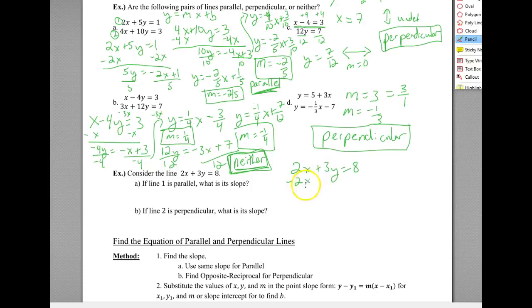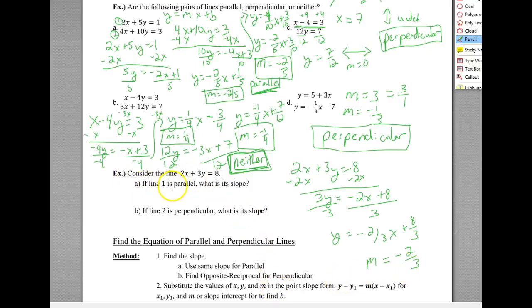I subtract 2x from both sides. I get 3y equals a negative 2x plus 8. Divide by 3. And y equals a negative 2/3 x plus 8/3. The slope here is the coefficient to the x term, so negative 2/3.